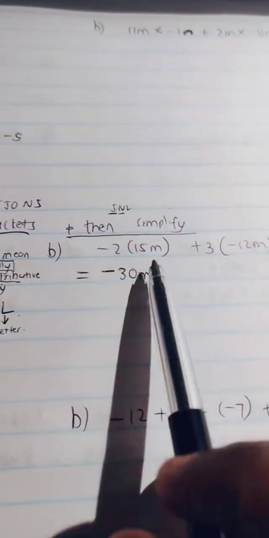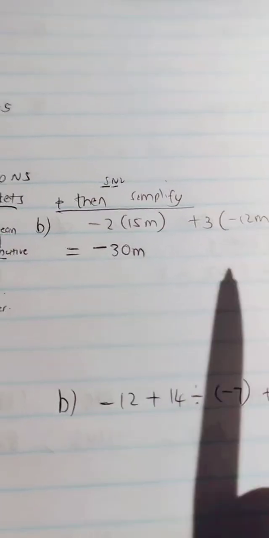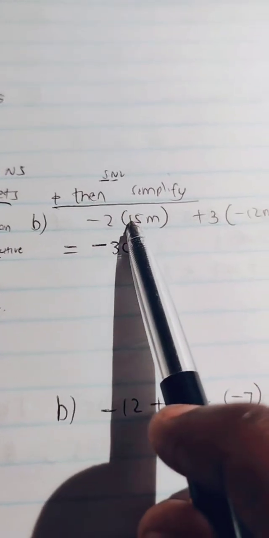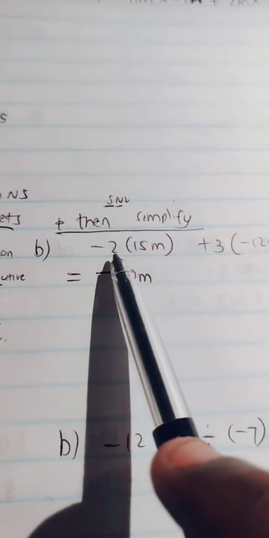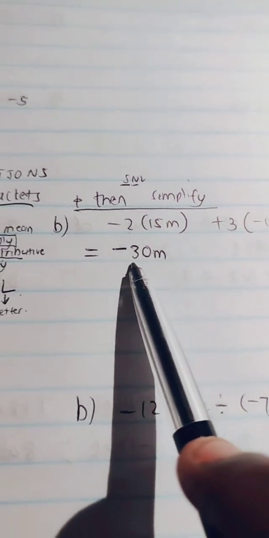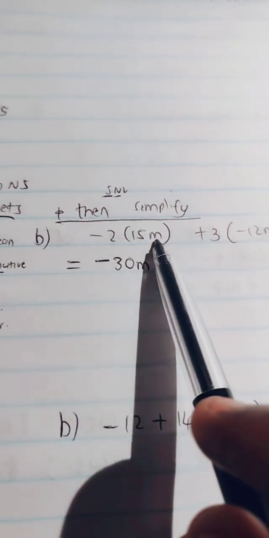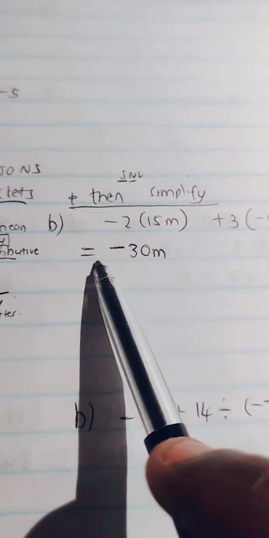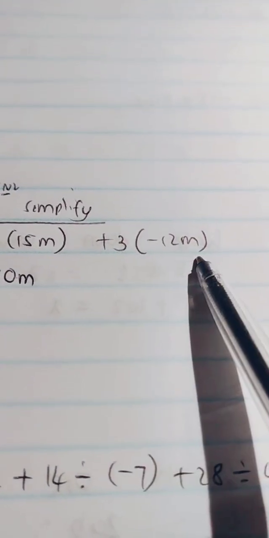Then the m gets attached to the negative 30 that we've just calculated. Like I said, we start with the sign. Negative times a positive is a negative. We move on to the number. 2 times 15 is 30. Then we move on to the letter of the alphabet. There's just m, so the m gets attached to the sign and the number. We have negative 30m.